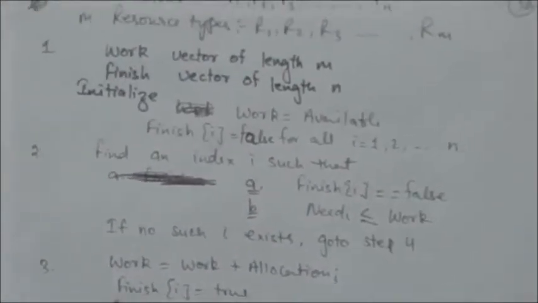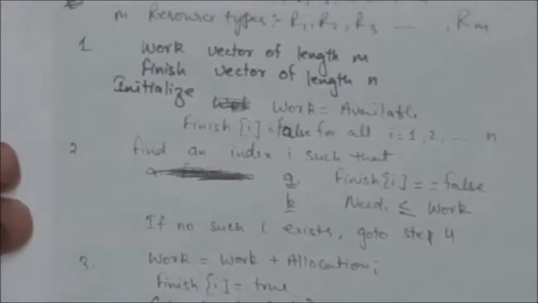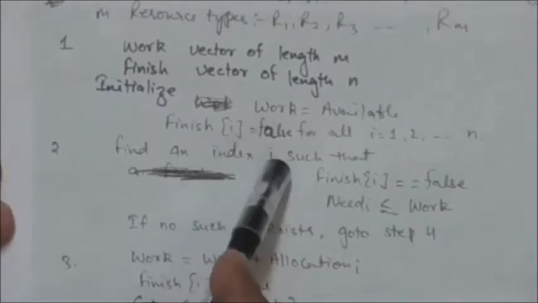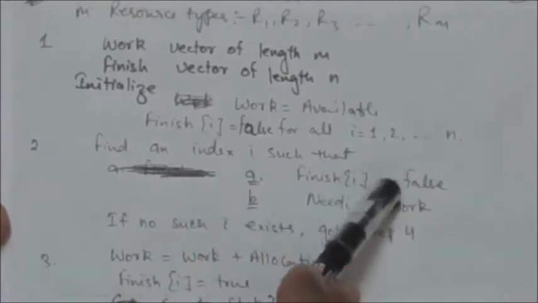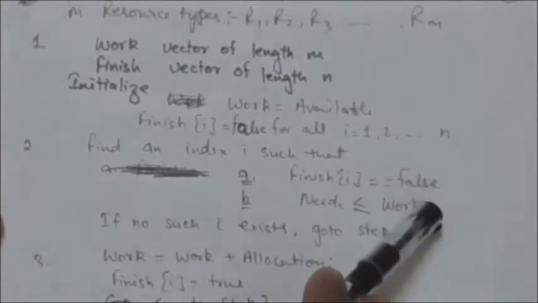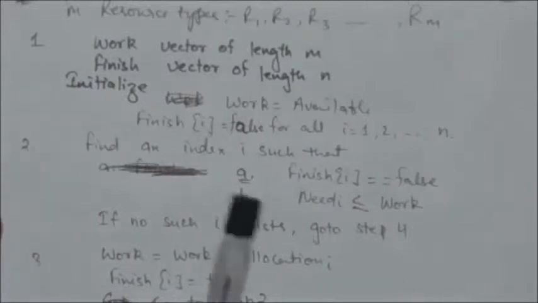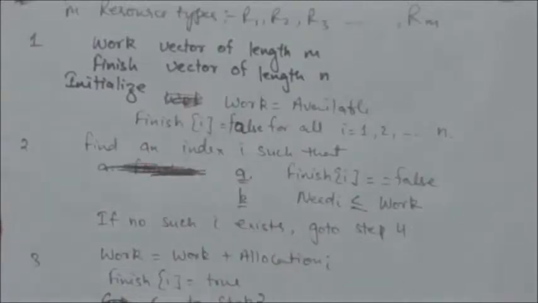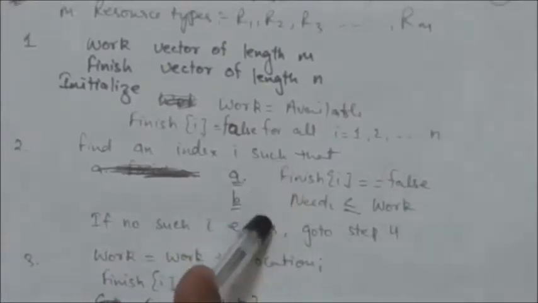Now what is the next step? After that we need to find an index i such that finish[i] is equal to false and need[i] is less than or equal to work. So we need to find an index i which will satisfy these two conditions.